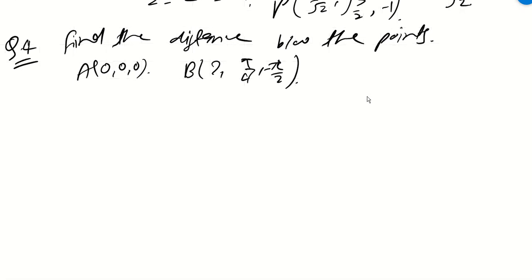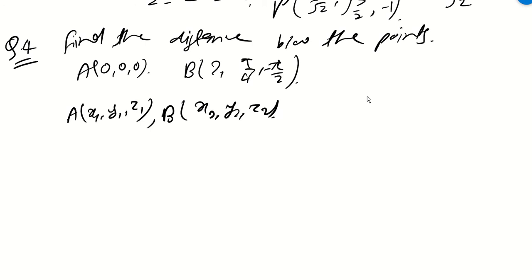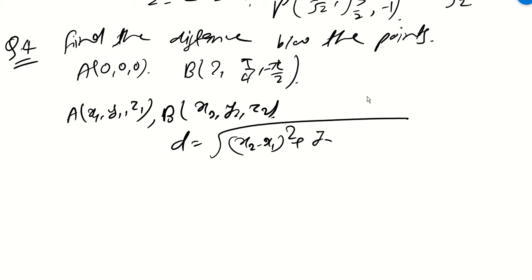See, it is very easy to find the distance between 2 points if they are given as x1, y1, z1 and x2, y2, z2, right? So what will be the distance? D can be written as square root of second point minus first point. So (x2 minus x1) square plus (y2 minus y1) square plus (z2 minus z1) square.